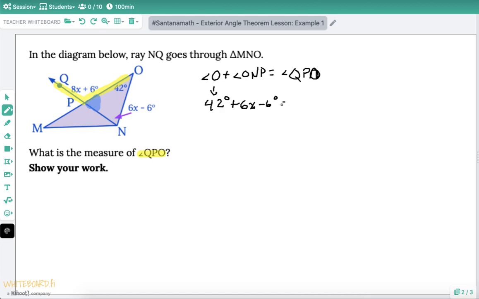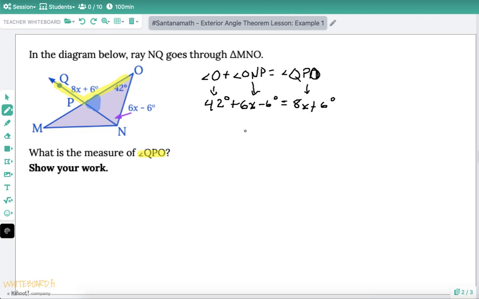Now that has to be equal to angle QPO, but QPO is represented by 8x plus 6 degrees. All right, so as it stands, we have what we need. And we're set. We can solve this.